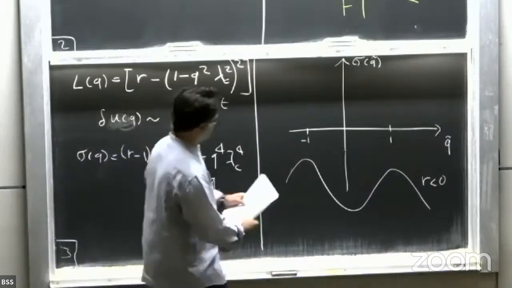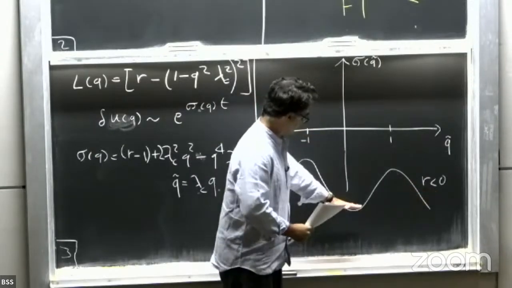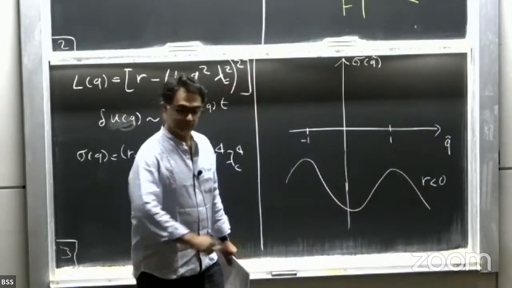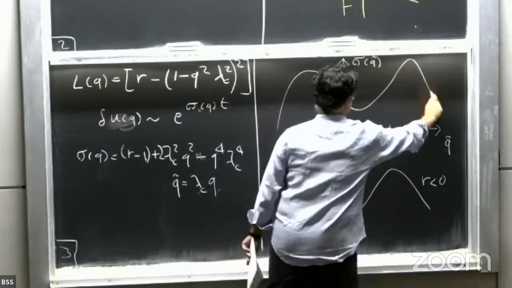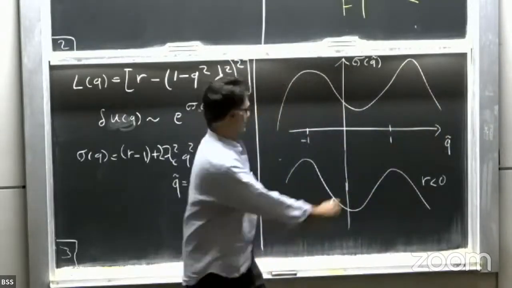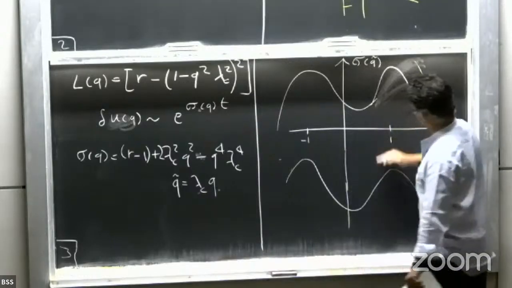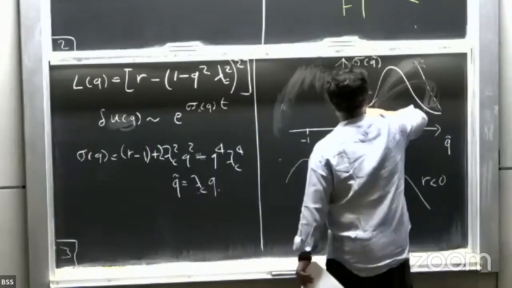Because if this looks like this for r less than 0, we can ask how it looks for a greater r. When r is sufficiently great, it will look like this. I'm sorry, this is still a maximum of 1. It should be the same curve, sorry, I did a really bad job. Let me redraw it.